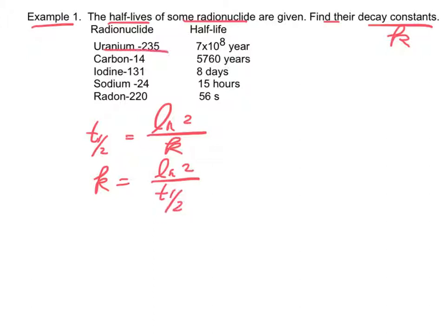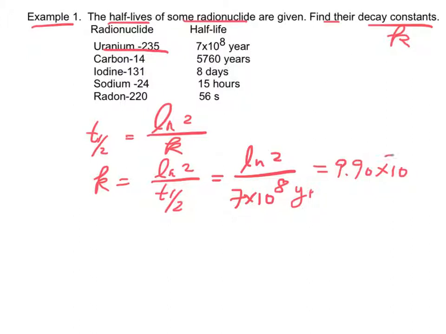For uranium-235, k equals log 2 over 7 times 10 to the power 8 years, which equals 9.90 times 10 to the power negative 10 per year.